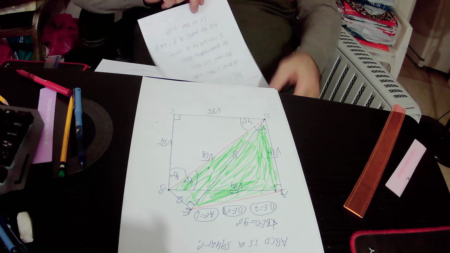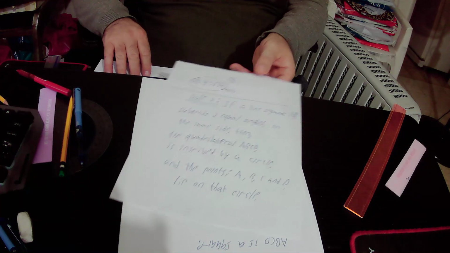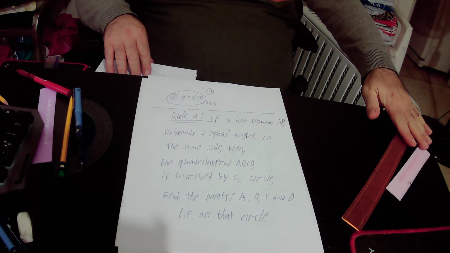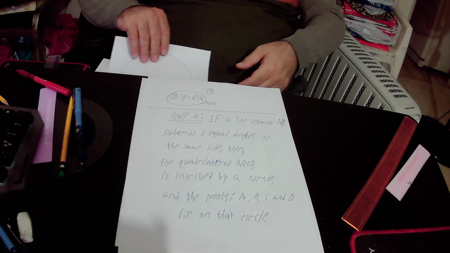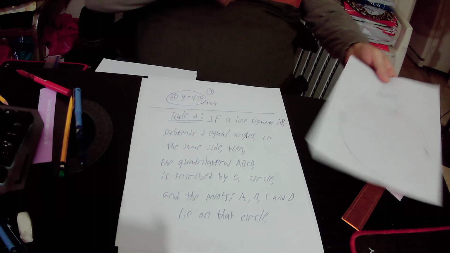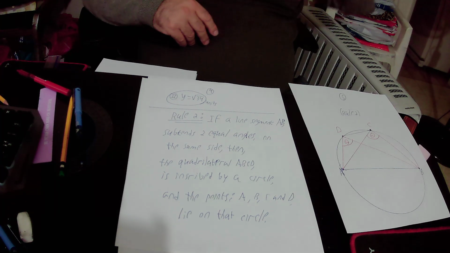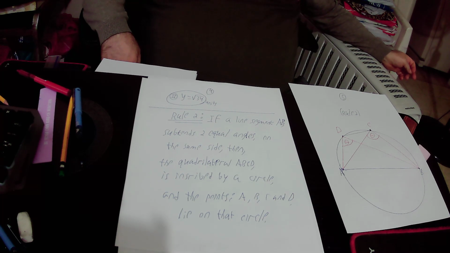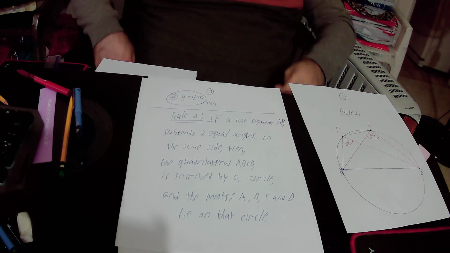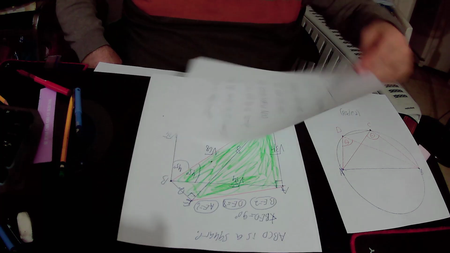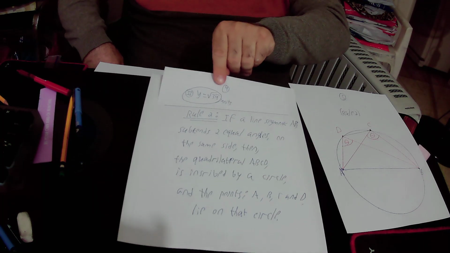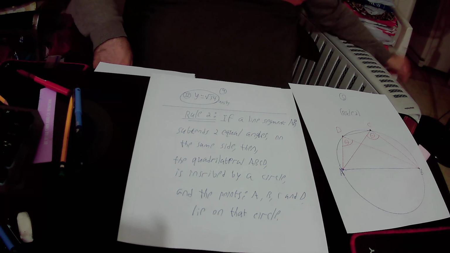And then I presented to you rule number 2. According to rule number 2, if a line segment AB subtends two equal angles on the same side, then the quadrilateral ABCD is inscribed by a circle, and points A, B, C, and D lie on that circle.